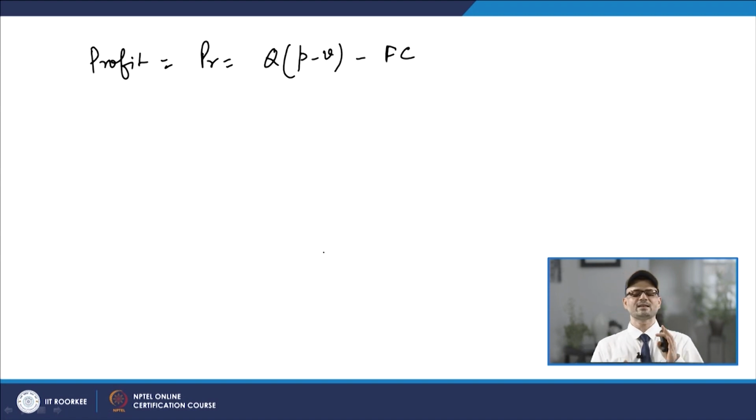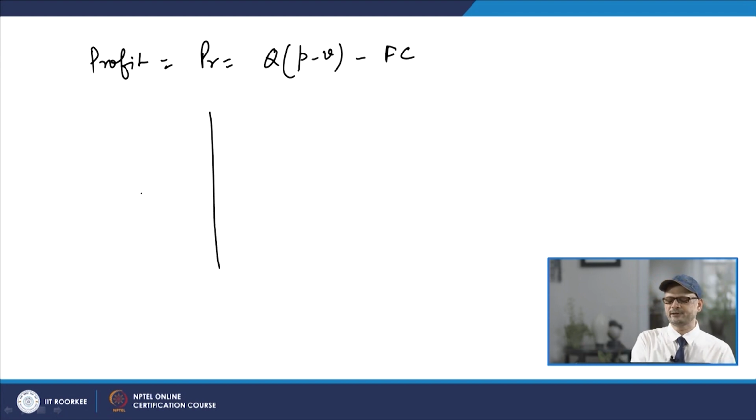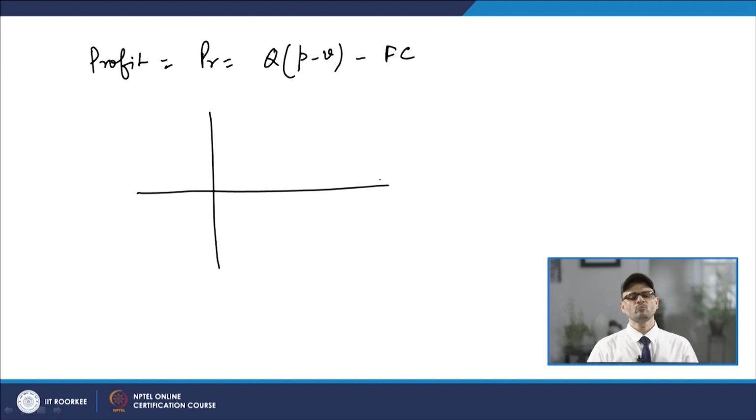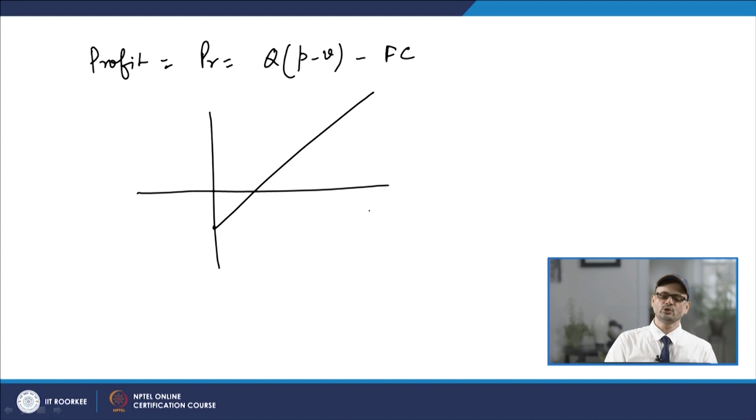Now, what this line also indicates is that this is nothing but y equal to m x plus c basically. So, this is again a straight line, and this straight line has a c component, that is minus. So, this will be your minus line, and if this is Q and this is the cost, in that case if it is Q.